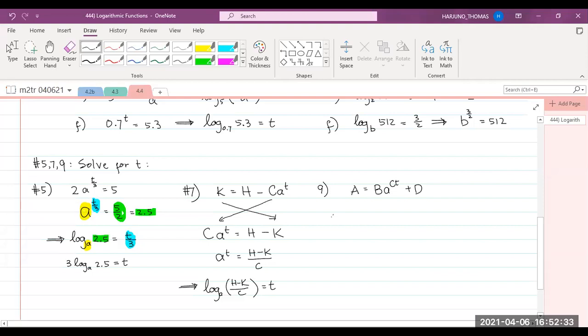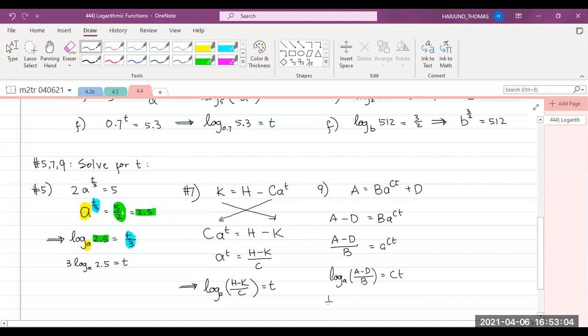So first I will subtract by d, divided by b, and then change it into log form: log base a of a minus d over b equals ct.